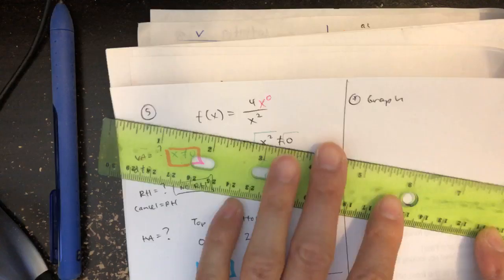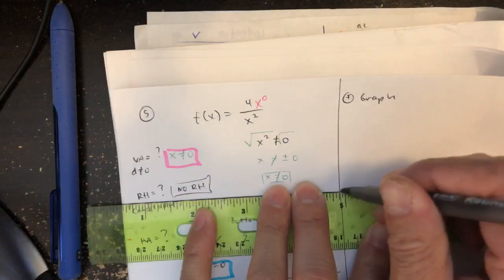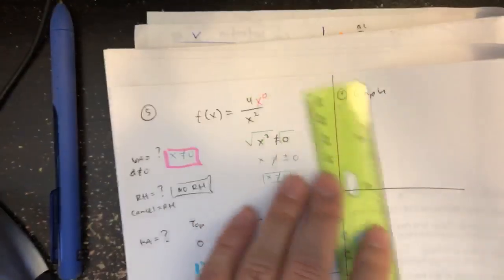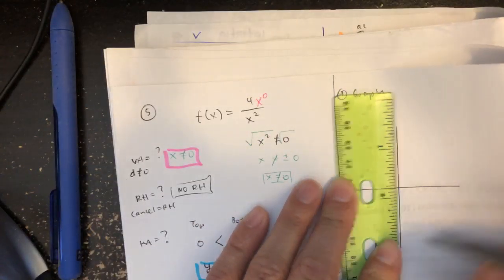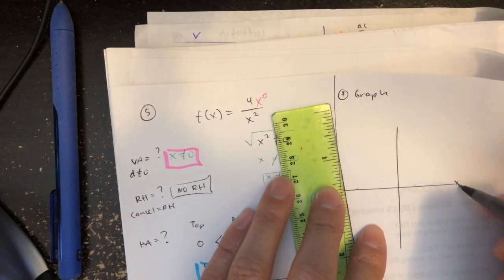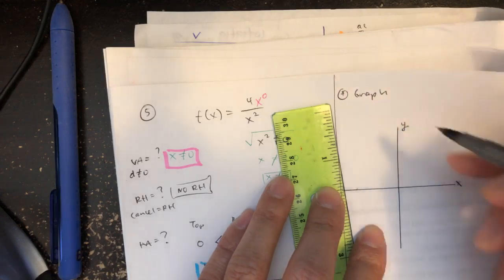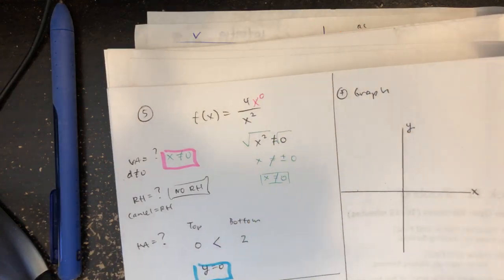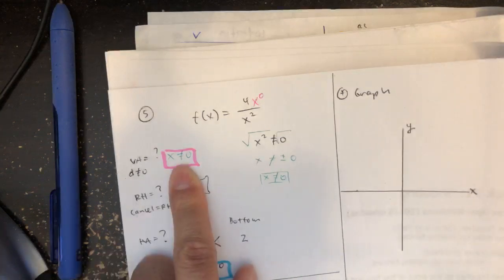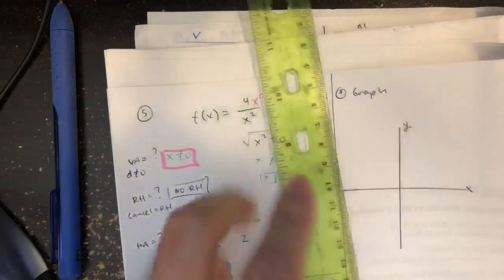So if you draw yourself a coordinate plane, this is your x, this is your y number line. And it tells us that we have a vertical asymptote at x equals 0.